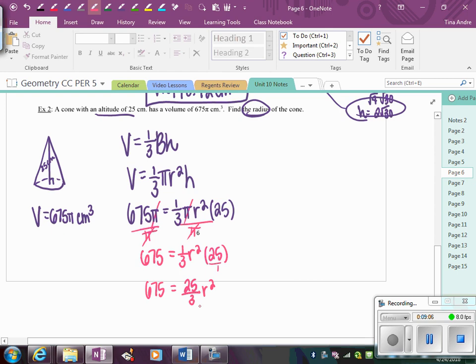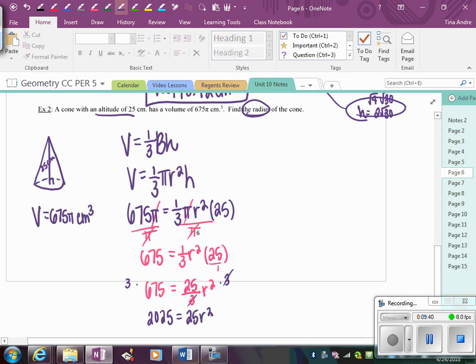And then you can either divide both sides by the 25 over 3. Remember from algebra, you can multiply both sides by 3 to cancel those. So if I'm just reviewing that algebra skill with you, you could just divide both sides by the 25 over 3. That's fine too, but I just want to review the algebra with you. So if I multiply both sides by 3 to clear that denominator, I get 2025 equals 25 r squared.